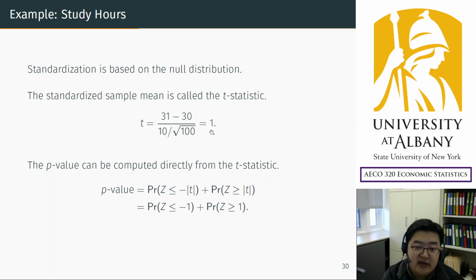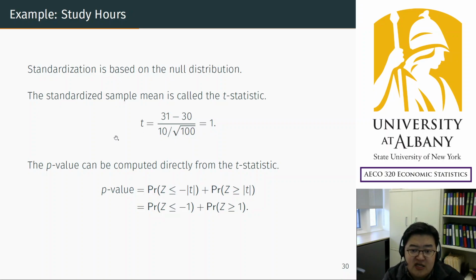So you can interpret this as the standardized difference between your belief and the data, right? That's more intuitive. Then of course, you can say that the larger the t-statistic is, the more difference between your belief and the data. So less consistency.